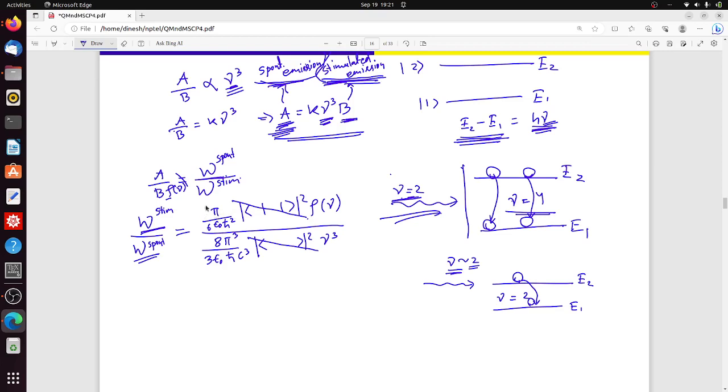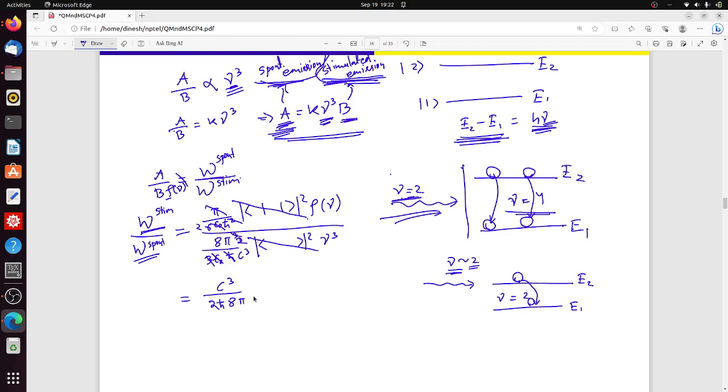From numerator and denominator, this pi and pi cube, 1 pi will cancel, and epsilon will cancel, 1 h also will cancel, so we will have 3, 3 will also cancel, this will be 2, so we will have c cube over 2h cross 8 pi, I think.